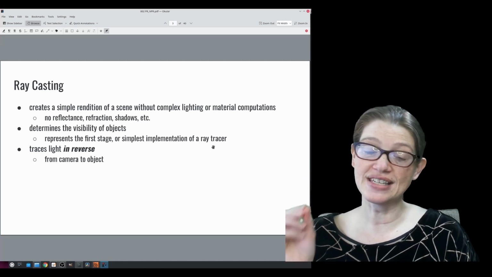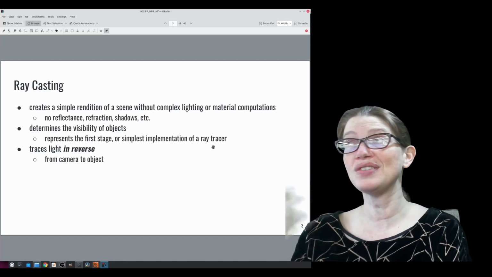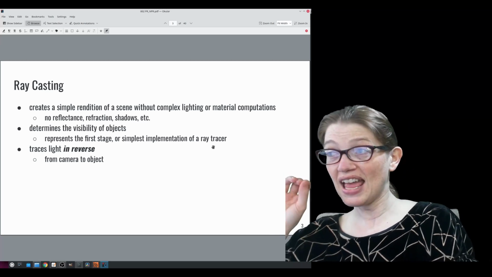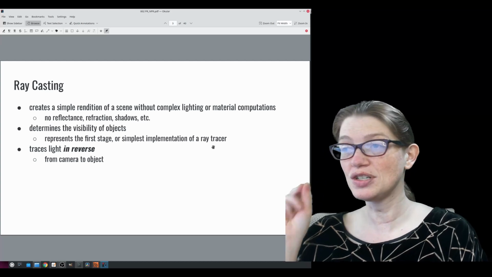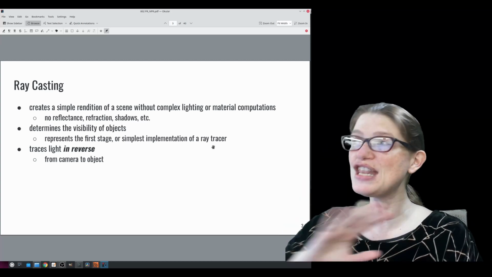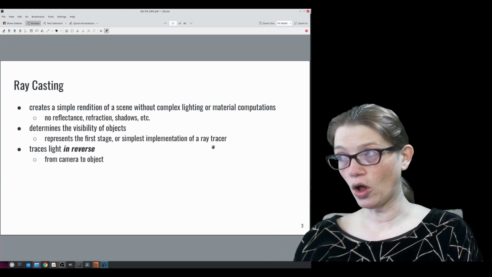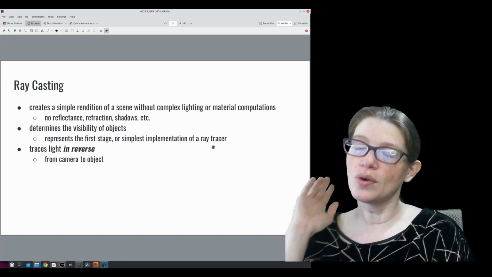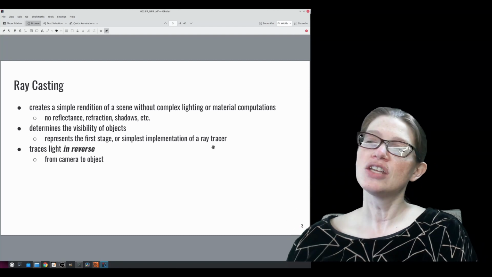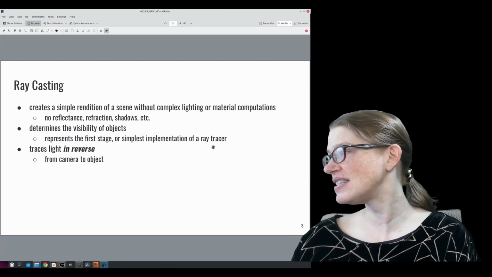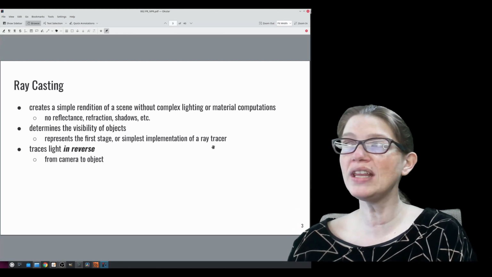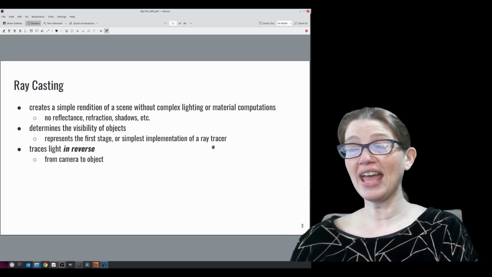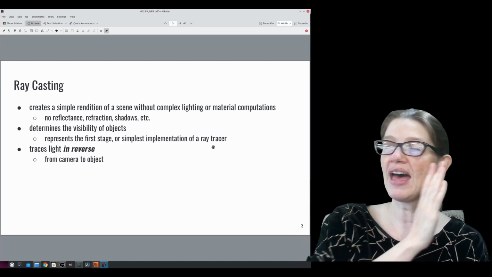Can you actually see an object, or do you see nothing? It is highly simplistic. There's no reflections, no shadows, no refraction, none of those things at all. It's just saying, what is the color of the object you intersected when you sent the ray into the world? So we use ray casting to determine the visibility of objects in the scene. It really is the first stage of ray tracing. We can also use ray casting for many things, and we'll talk about that later.